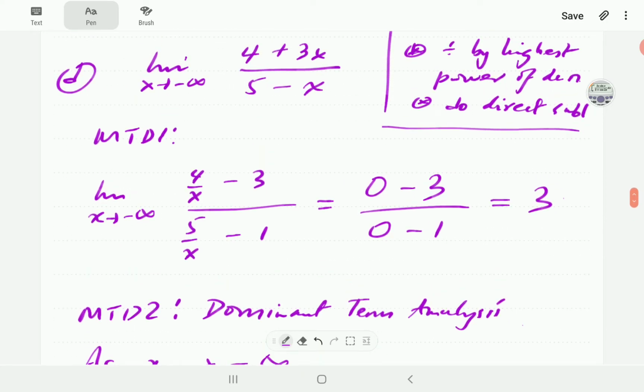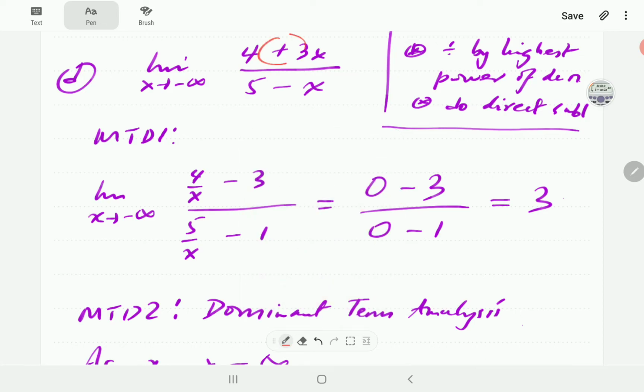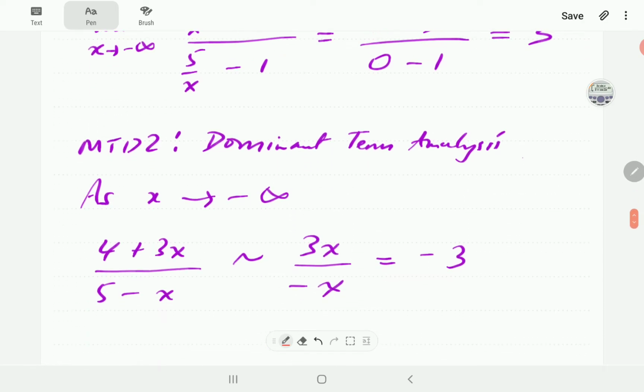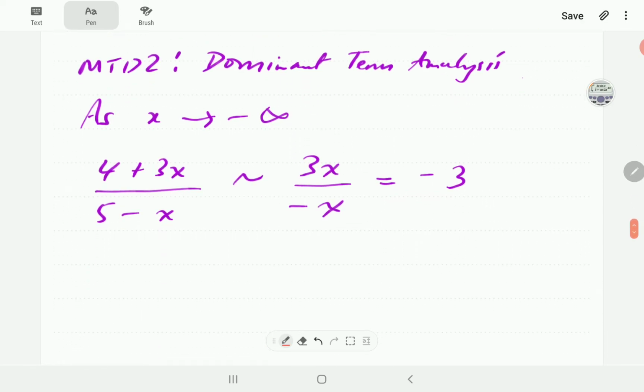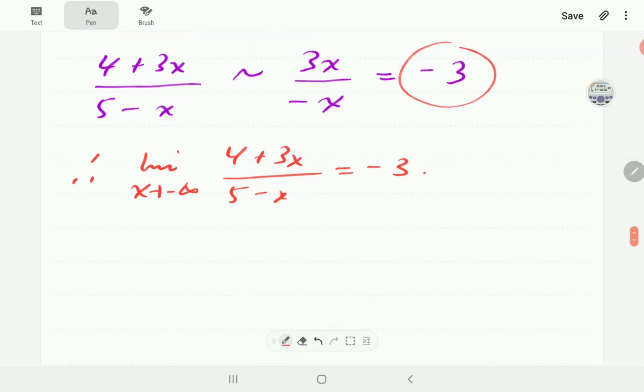I think there was an error here. From here, there should be a plus, and so that should be negative 3. All right, and since this is working out to a constant, we conclude that the limit as x goes to infinity of 4 plus 3x all over 5 minus x is negative 3 from this method.